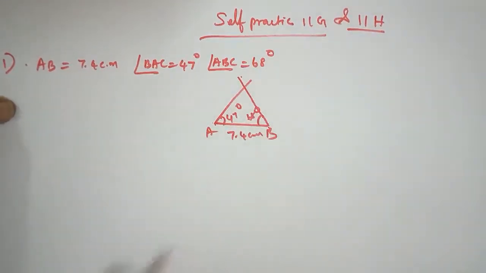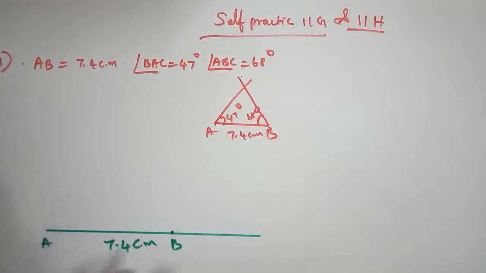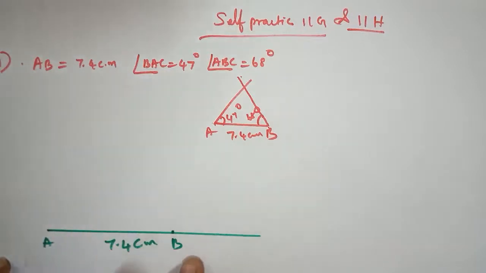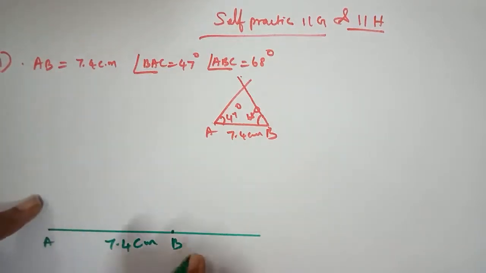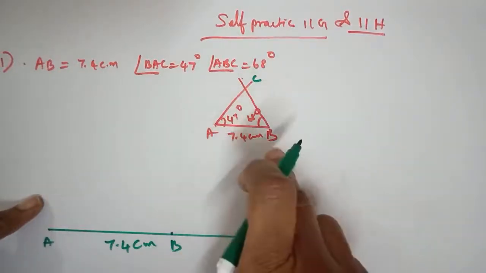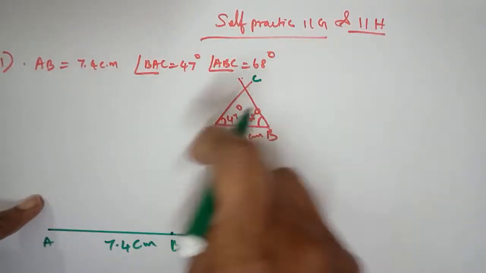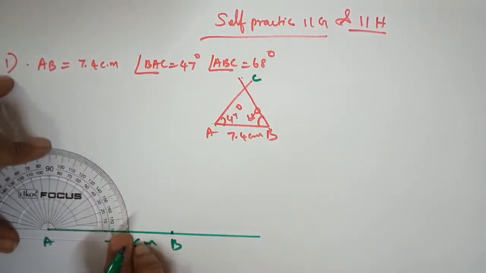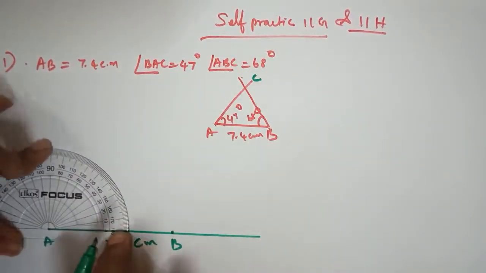Is it clear? So now listen students, here I have drawn a line segment 7.4 centimeter. So this point is A, this point B. Now this will be C, so CAB or otherwise BAC, angle BAC is equal to 47 degrees. So listen, keep like this.